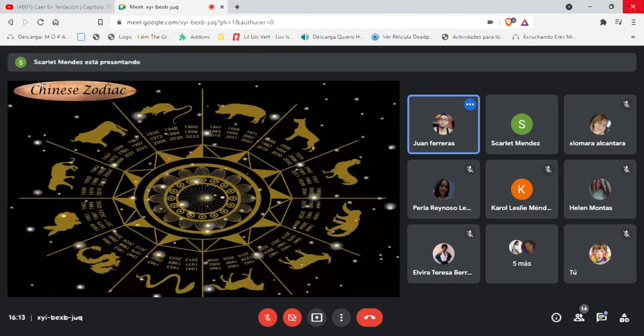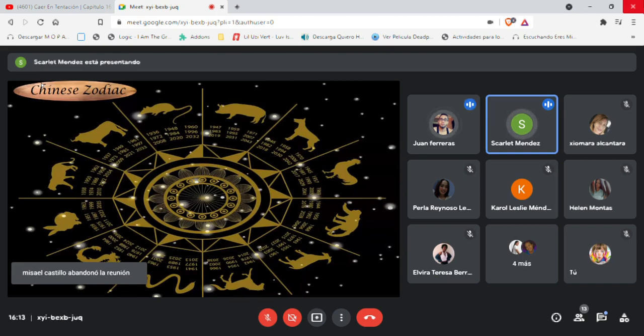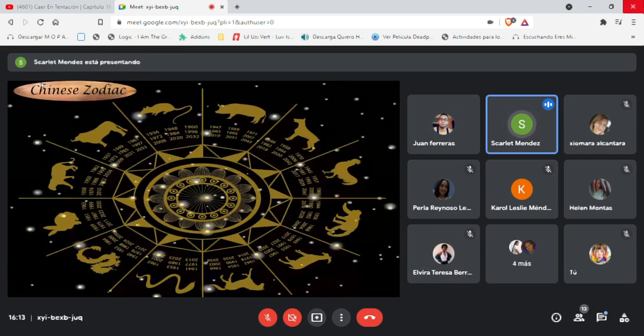Amazing. Okay, this is about how the Chinese zodiac started, but this is one popular version because there are many versions. The Jade Emperor announced a race for all animals to compete for a place in the Chinese zodiac. The rat was supposed to wake her neighbor the cat in the morning, but simply forgot.